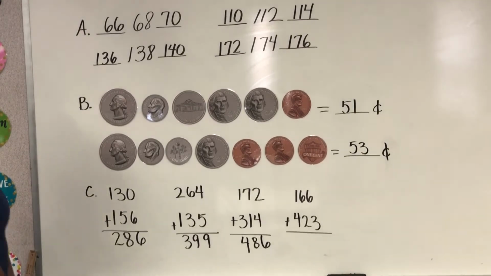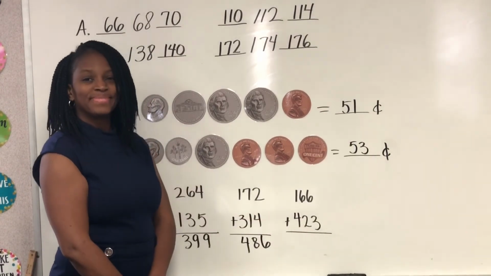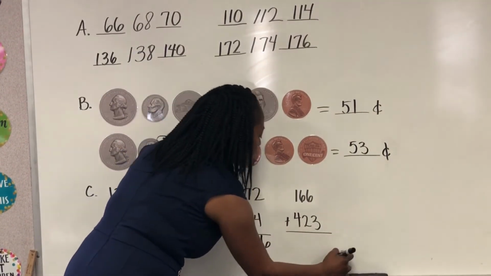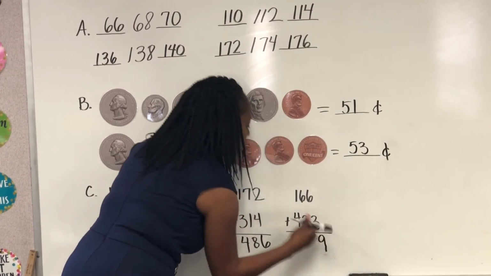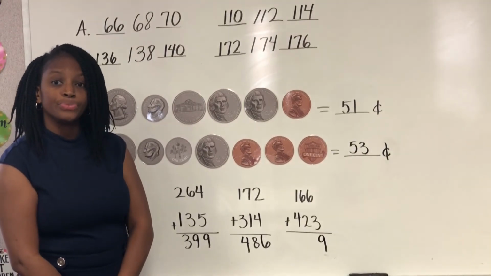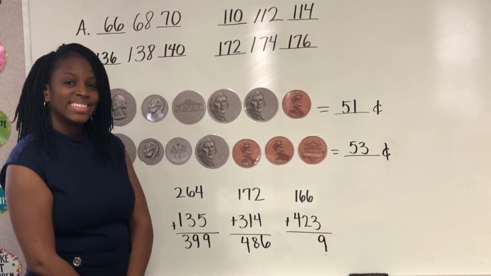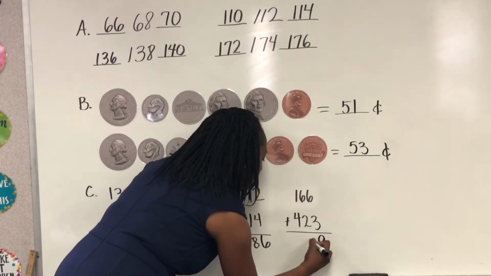All right, boys and girls, what is 6 plus 3? 6 plus 3 equals 9. Let's move on to the tens place. What is 6 plus 2? 6 plus 2 equals 8.